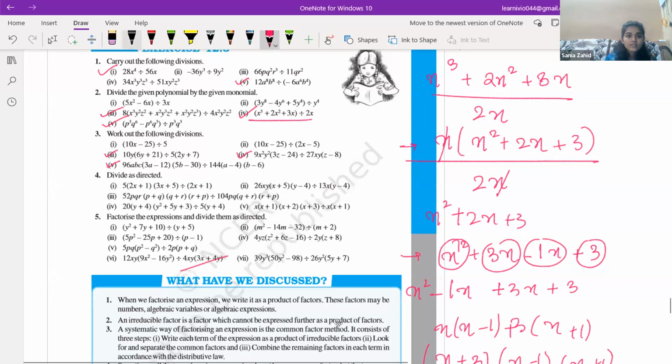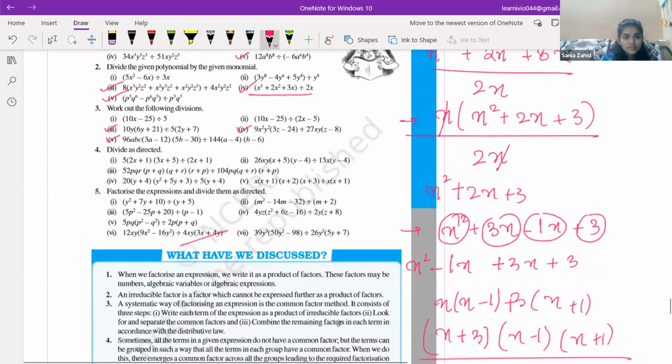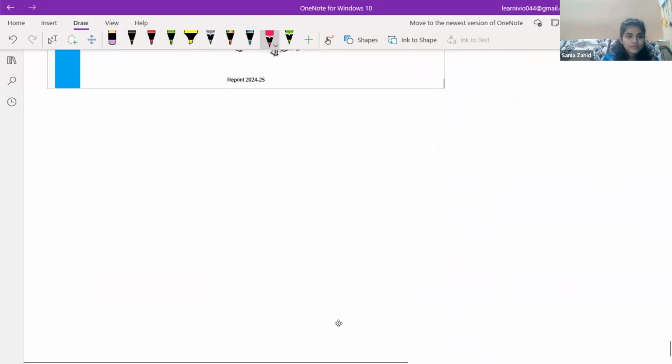Okay, so let's discuss. So basically we have the first one, 10y. Can somebody dictate me the question?